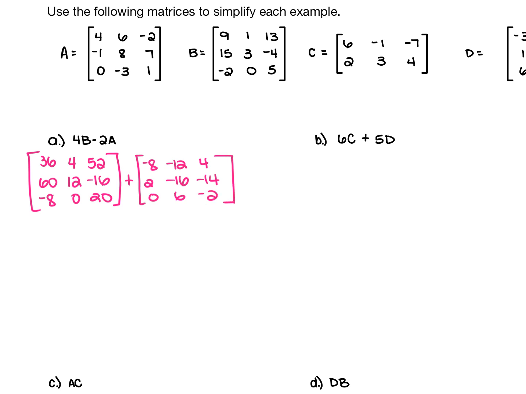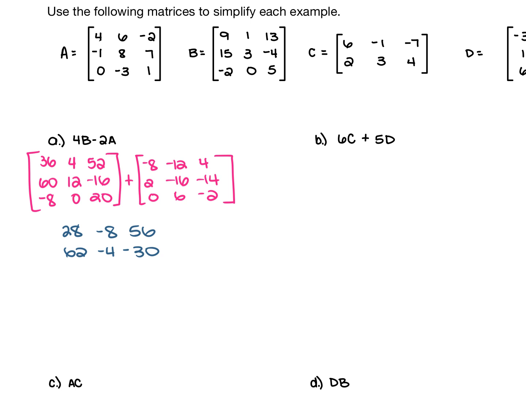So from here, we're just going to combine terms in the same positions. So you have 36 plus -8, which gives you 28. 4 plus -12 is -8. 52 plus 4 is 56. 60 plus 2 is 62. 12 plus negative 16 is negative 4. 16 plus negative 14 is negative 30.